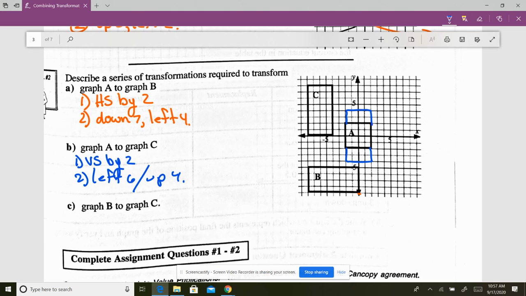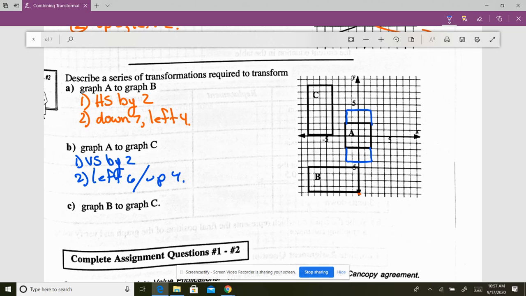Last one. We're going from D to C. What do we need to do?